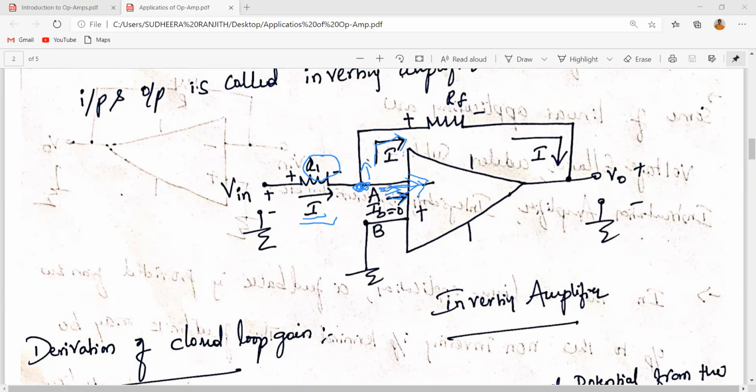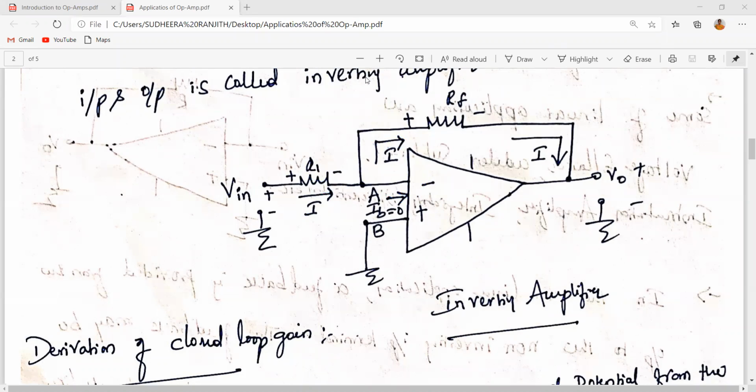When the current is divided at this point, if the current through this path is 0, then the entire current I must be flowing through this feedback path.